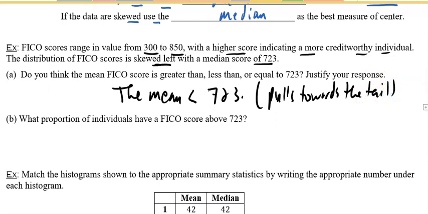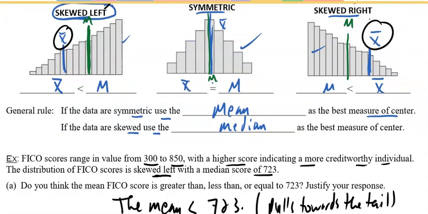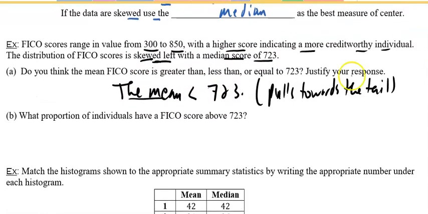In our case, we just said if it's skewed to the left, the mean is less than the median. If it's skewed to the right, the mean is greater than the median. Since the mean is 723 and it's skewed to the left, the mean is going to be less than the median. What proportion of individuals have a FICO score greater than 723? 50%.